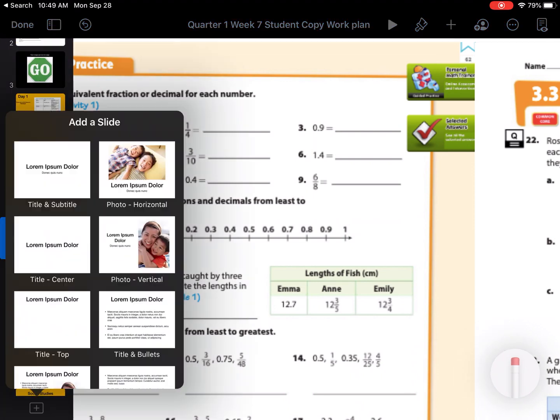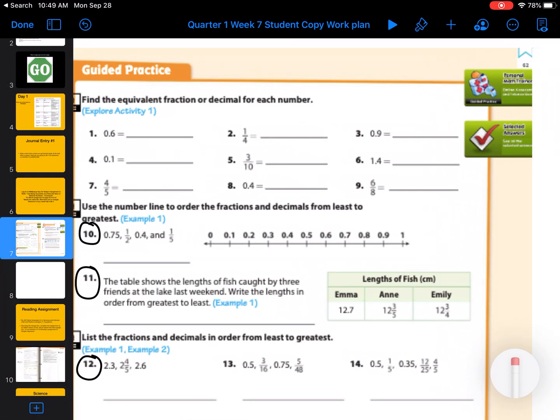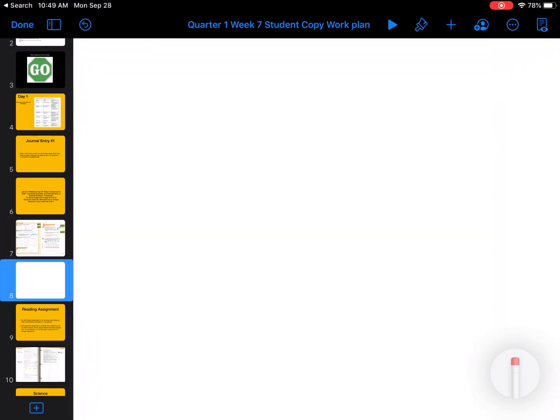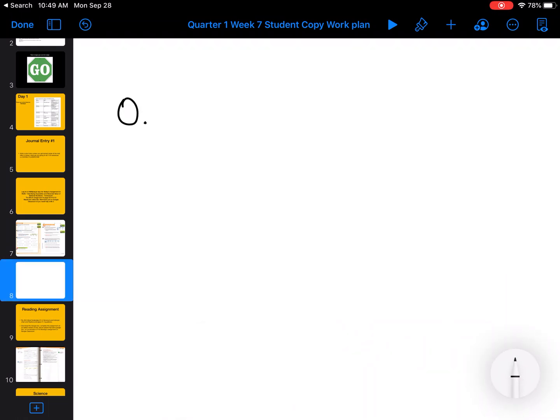So what I'm going to do is add a blank slide for my note-taking page. And I now have 0.6. So I need to change that to an equivalent fraction. So we remember the place value. The place value tells you what your denominator is going to be.